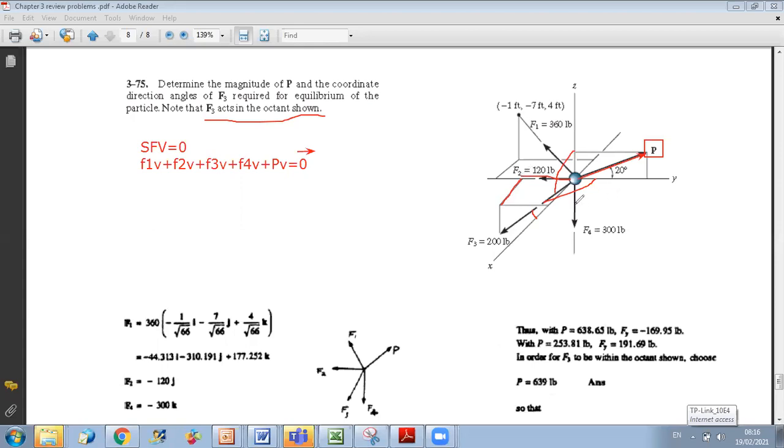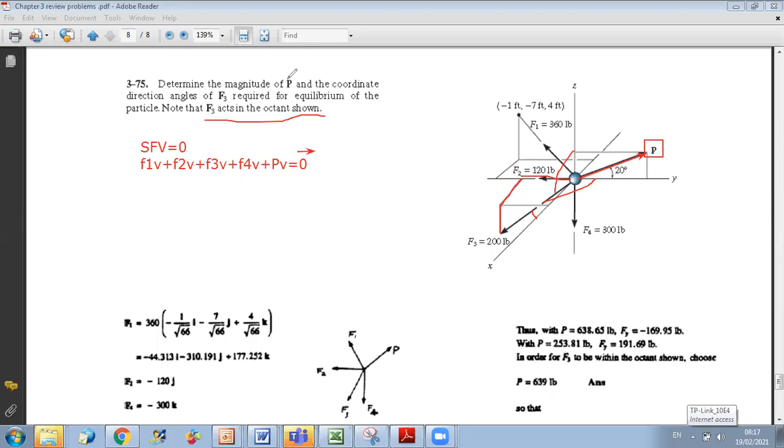And the projection on z is also negative, so the angle with z is also higher than 90. So here I know the angle interval, and I have four relations: three equilibrium relations and the cosine relation. So I will have four equations with four angles. Okay, so now, let us continue.